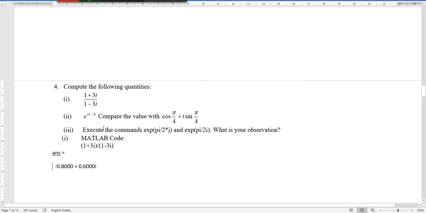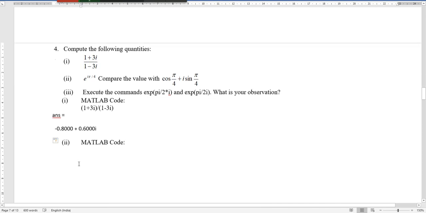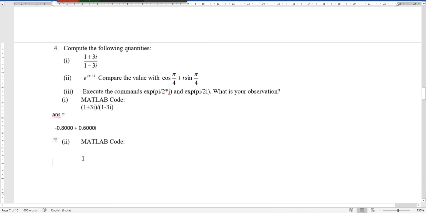This is the first question. Now in a similar way, the second question. What is the value? Now find e power i pi by 4 and compare both the values. I will write both the codes, exp of i into pi by 4.